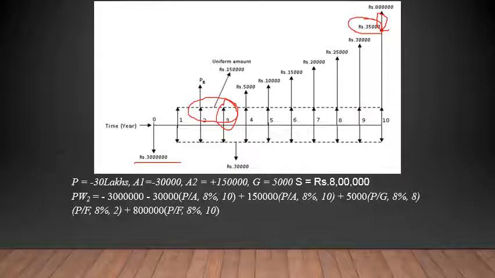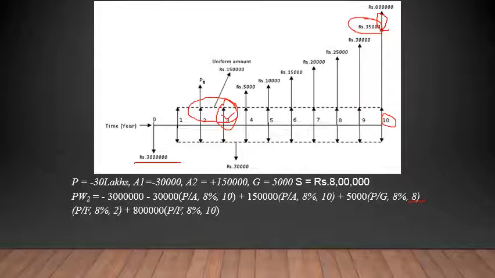Here also the initial amount is 1,50,000. So I have to consider that one initial flow of 1,50,000 and take that value for n. So it starts from here, 1, 2, 3, 4, 5, 6, 7, 8 till the 10th year. So n will be 8.